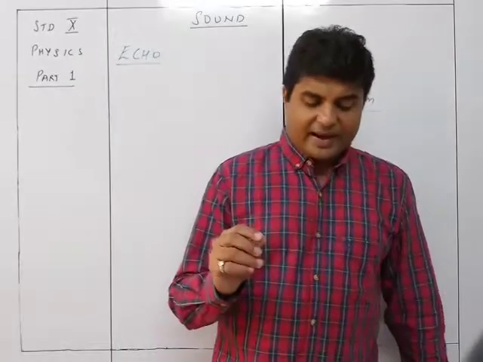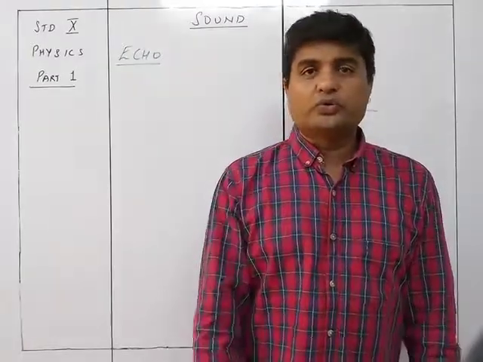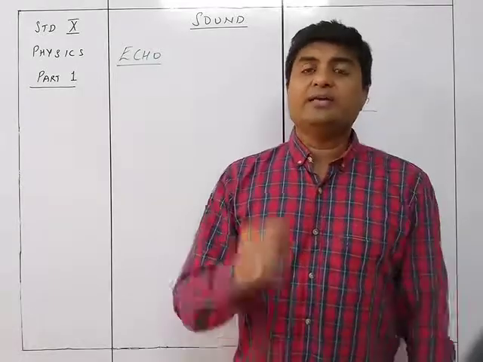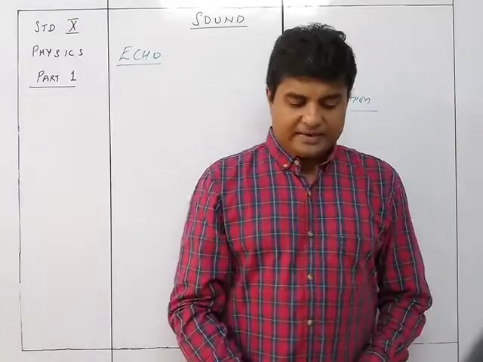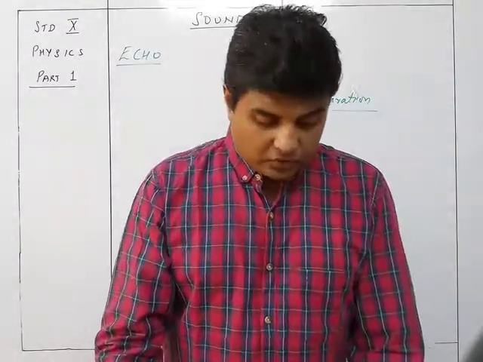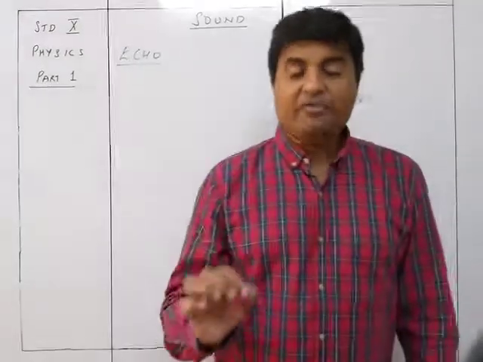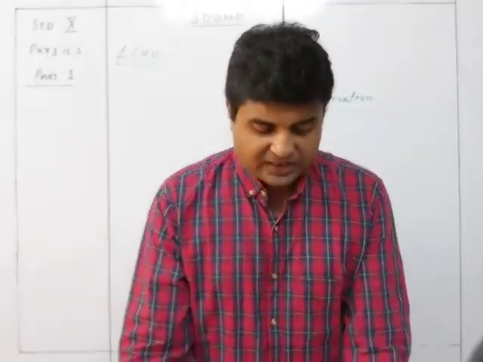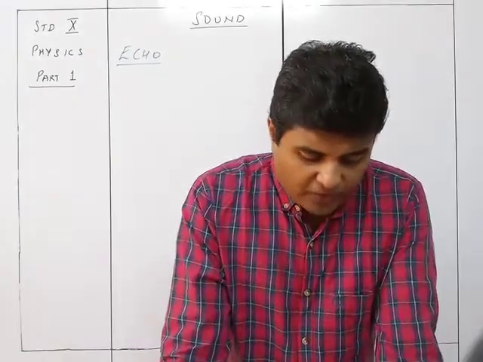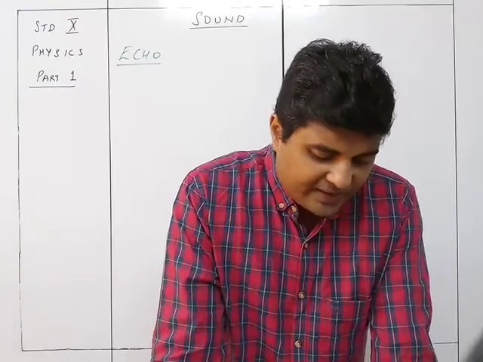Thus we see that the two sounds you are going to hear are the original sound which you produce yourself, and the second sound heard after it gets reflected from the distant object. That is the echo. So we can define an echo as the sound heard after reflection from a distant obstacle such as a cliff, a hillside, wall of a building, edge of a forest, etc., after the original sound has ceased.